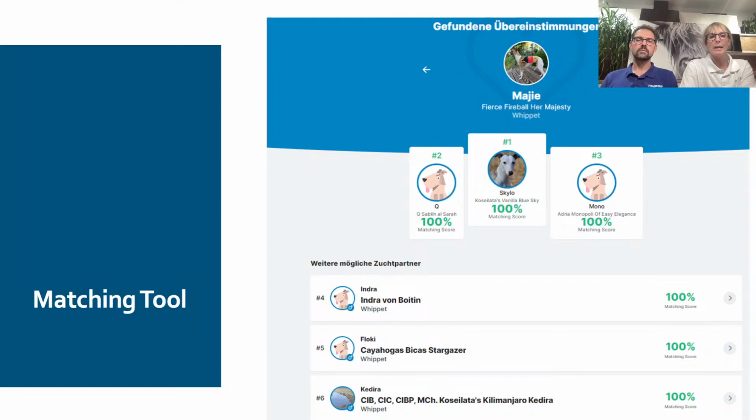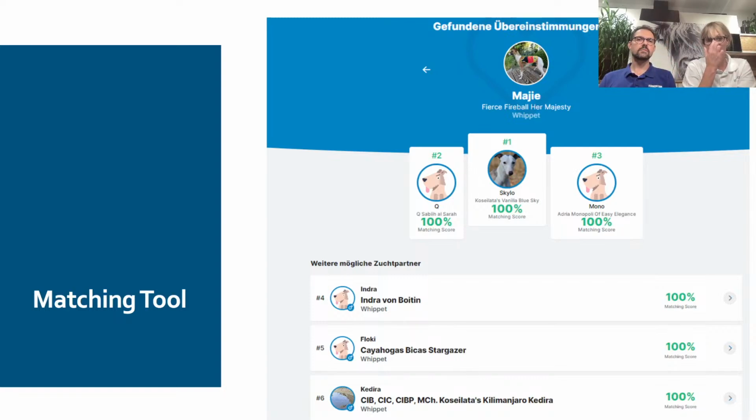And at the end, I would like to show you also our matching tool. So the idea behind this tool is to find out which dogs are best suited based on genetic information, because we compare the DNA from a potential mother and a father, and we can tell you whether it is a good match or not that good, because they show a high relationship in their DNA.